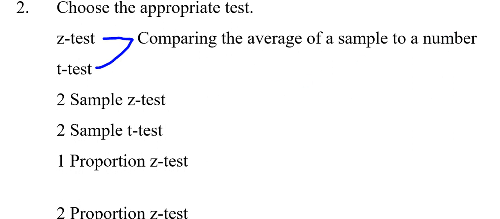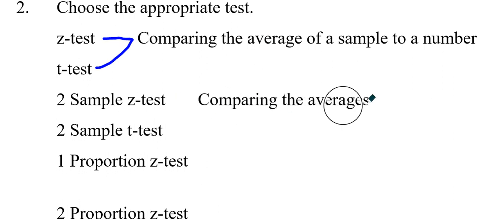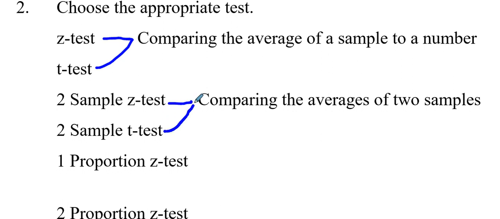Now, if you're comparing two averages, like the average GPA of males and females, that's where you're going to use one of these. And again, these are both for comparing the averages of two samples. So you're going to use a two-sample z-test or a two-sample t-test when you're comparing the averages of males and females, let's say.